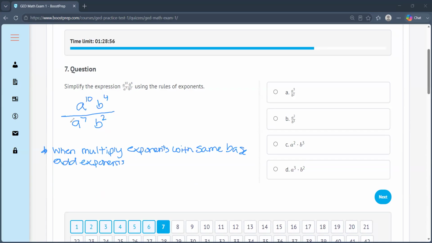And then what else are we doing? We are also doing division. So when you divide, you subtract.